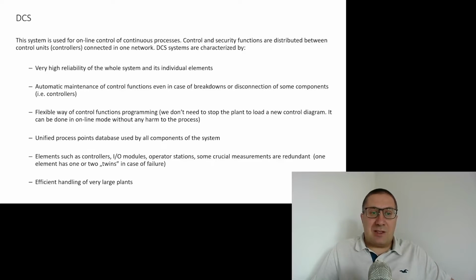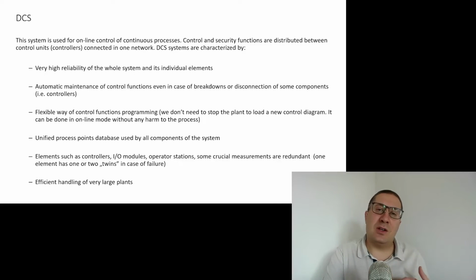We have the automatic maintenance of control functions even in case of breakdowns or disconnection of some components, like controllers. The programming of control function is usually easy and flexible. Moreover, we don't need to stop the plant to create and load a new algorithm or modify the existing ones.